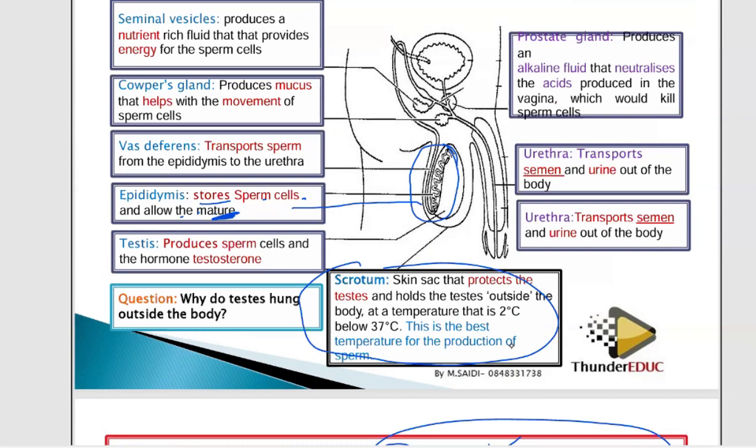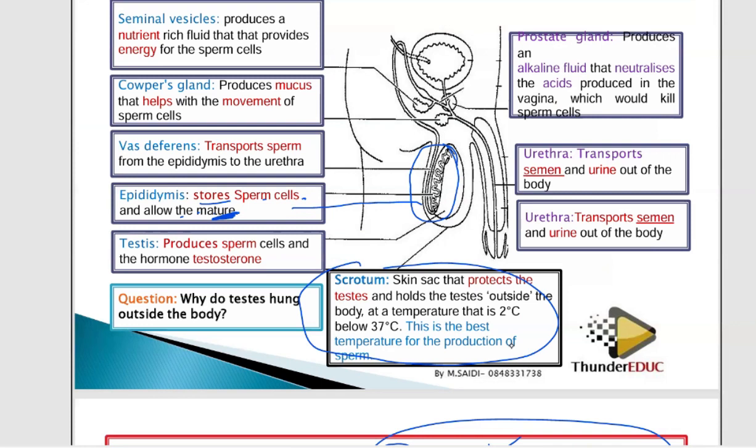It is not by decoration, or just to make the human beautiful. There is a scientific reason why the testes are hanging outside, while those of the chicken are inside the body.